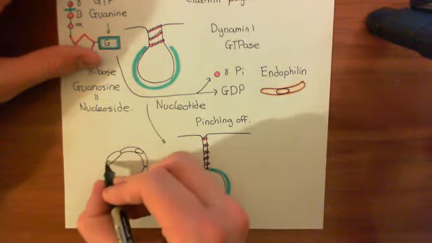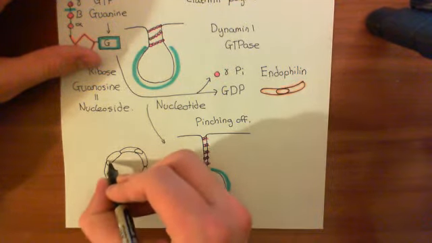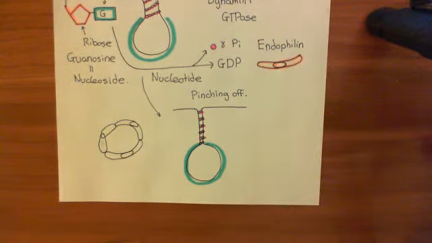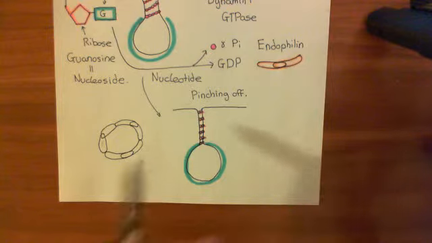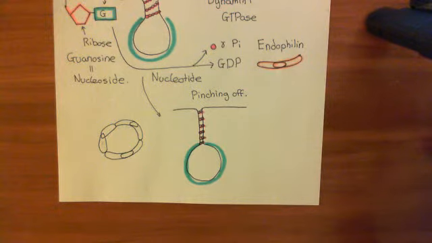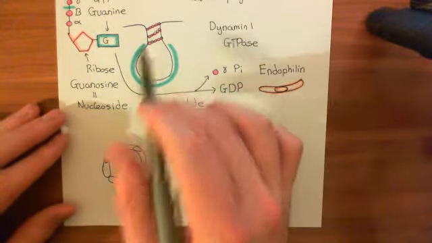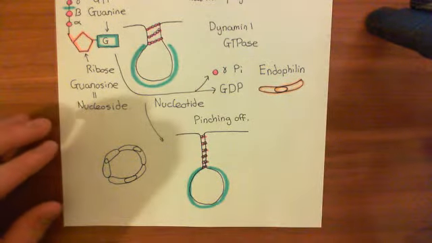Now, I've shown 3 here completing the ring. It will be far more than that in reality, but to save time, I've drawn 3 endophilin dimers completing the ring, so overall 6 endophilin proteins. They form these oligomers where they wrap around the neck of this clathrin-coated vesicle bud. So they assist the Dynamin 1 protein.